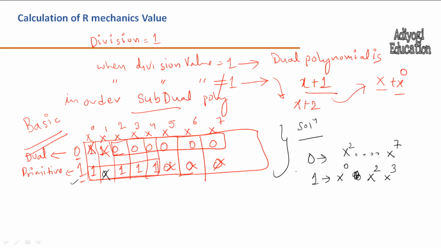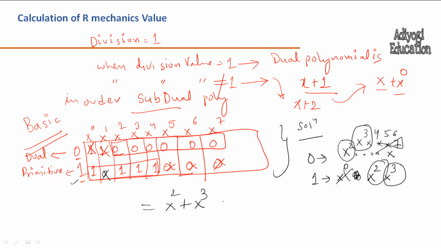Now we will take the one which is common: x power 3, x power 4, x power 5, x power 6. x power 2 is there, correct. x power 3 is there, but x power 0 doesn't exist, and those don't exist. So we have x power 2 plus x power 3 as our mechanic polynomial.